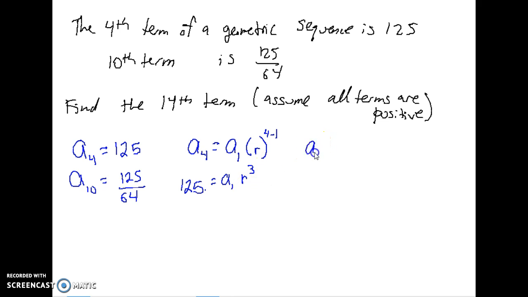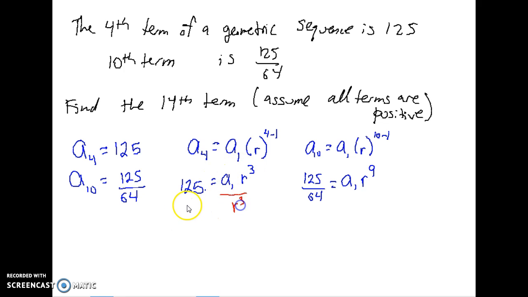I'm going to say a of 10 is equal to a of 1 times r to the power of 10 minus 1. I now know what a of 10 is. It's 125 over 64, and then a of 1, and then r to the power of 9. So I'm going to simplify this.